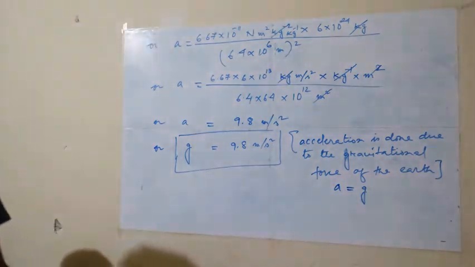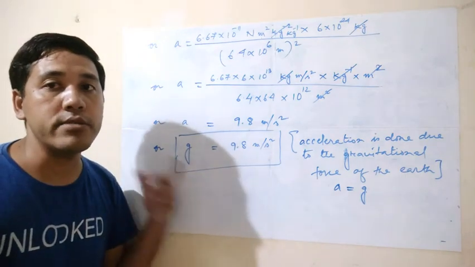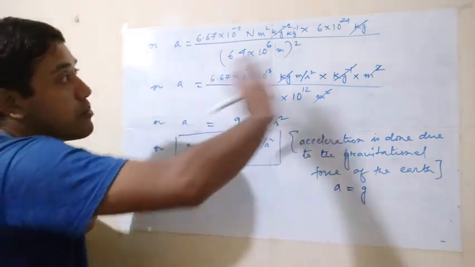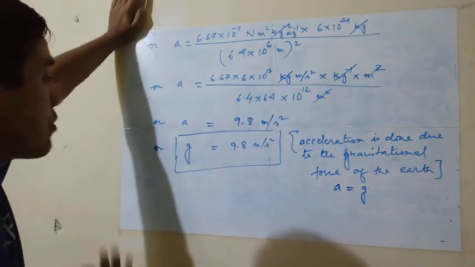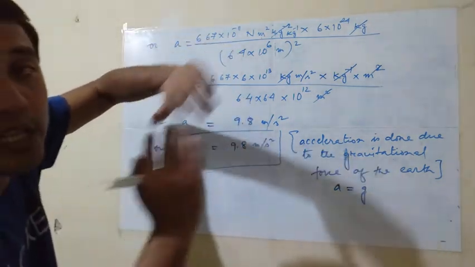Please focus on this calculation. If you have any doubt or confusion about this calculation, let me know. This is one of the most important calculations. In this portion the calculations are big. You need to find out which quantities to cancel.